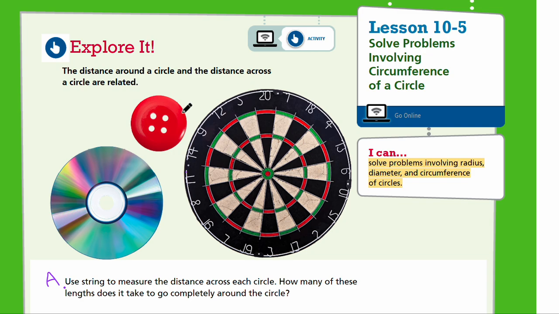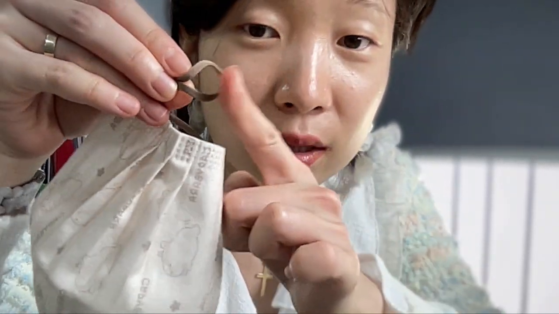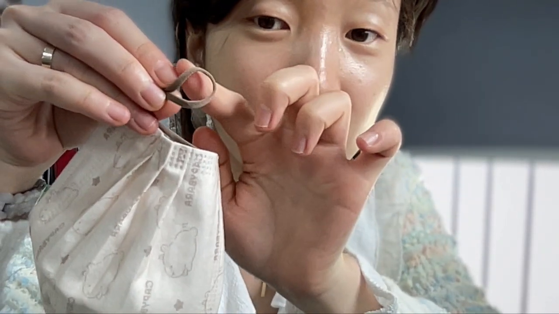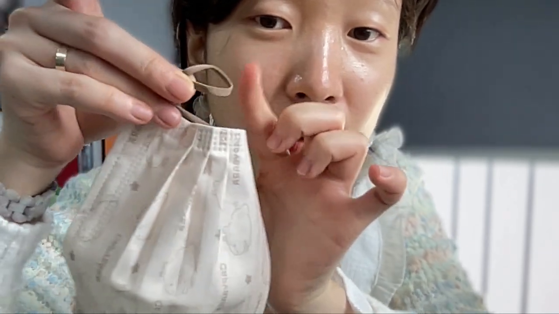We go around each circle with the string like that. So using my string, it's really hard not to pull it, but the first one is going to be about this much. I am trying not to pull it, so I have my finger here.